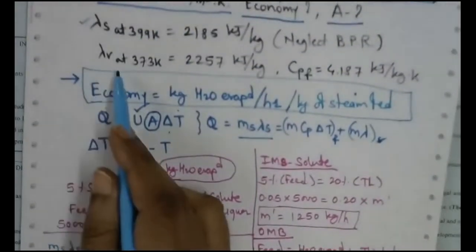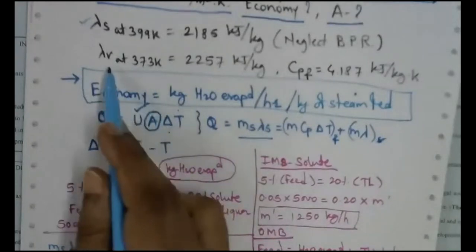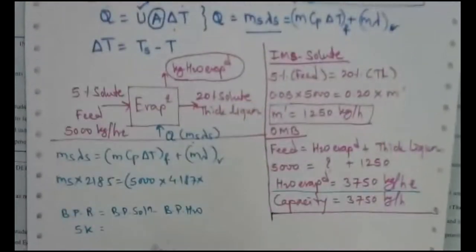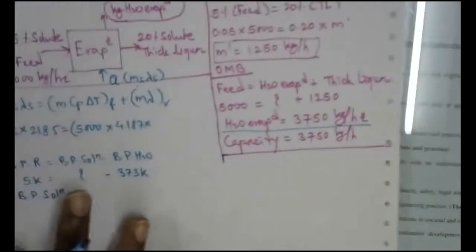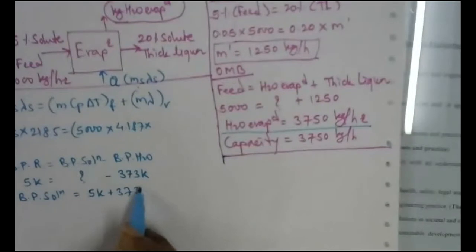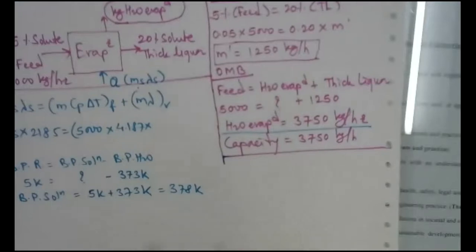Here the latent heat of vaporization is for vaporization of water, which takes place at 373 Kelvin. So the boiling point of solution is 5 Kelvin plus 373 Kelvin, that is 378 Kelvin.